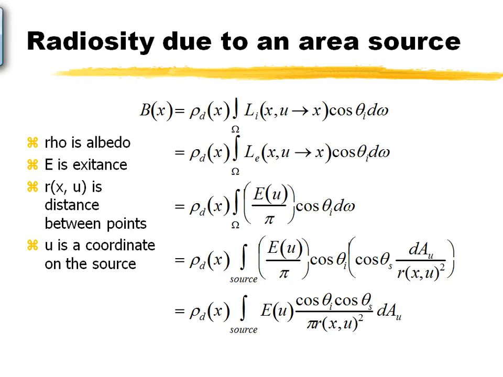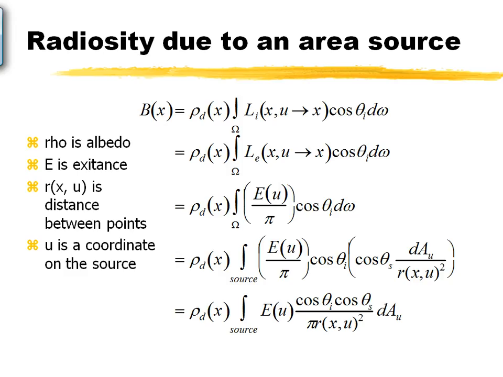So I will try to still capture that in terms of my energy. And then, of course, you have cos of theta I, which is the normal it makes with respect to the area source. But then you also have the amount of area that is to be expressed with respect to the normal of the object on which the light is emitted. So all of that will then eventually integrate into this term.